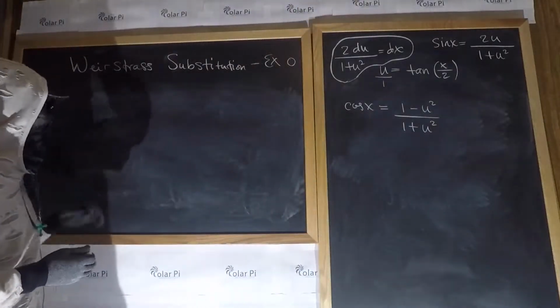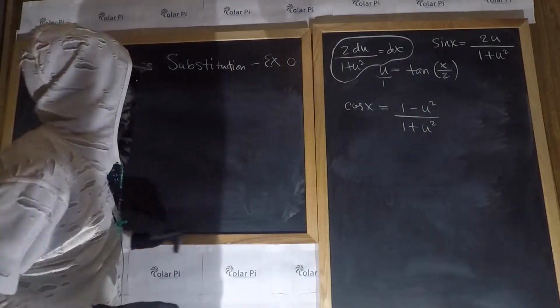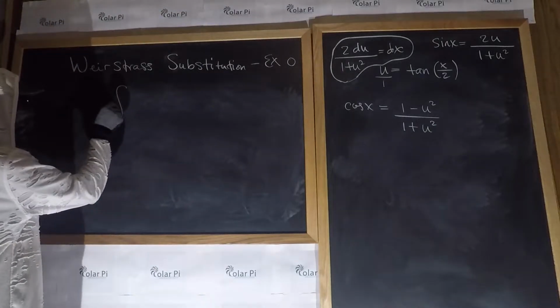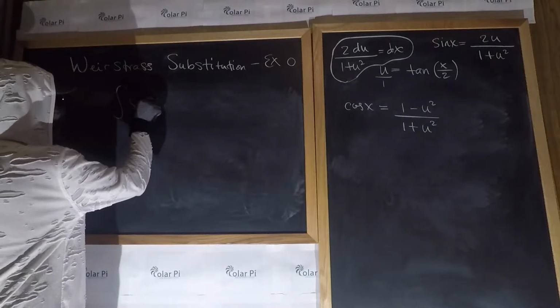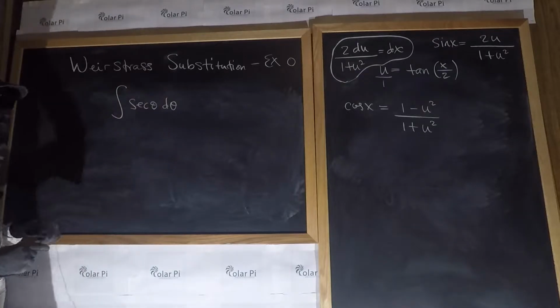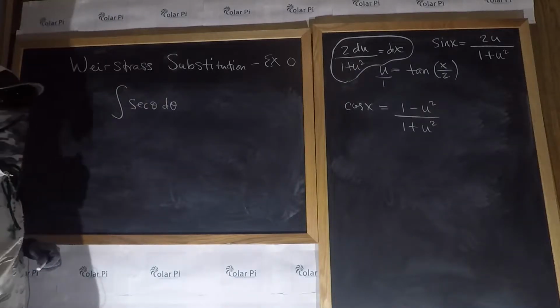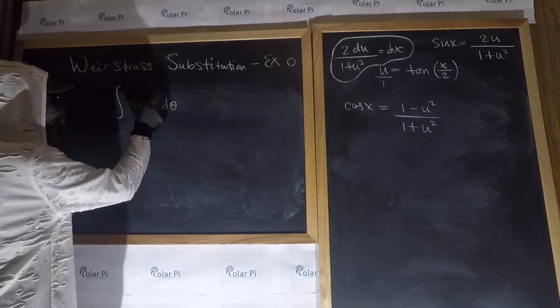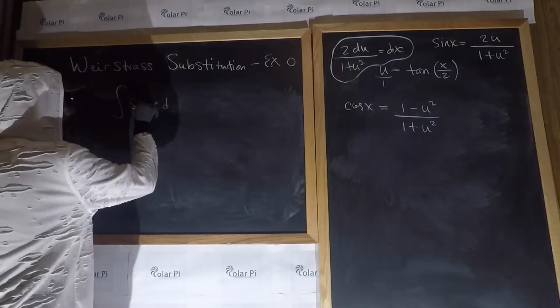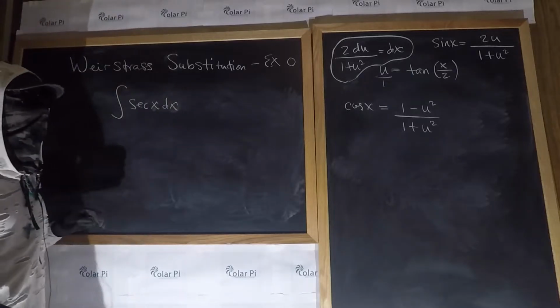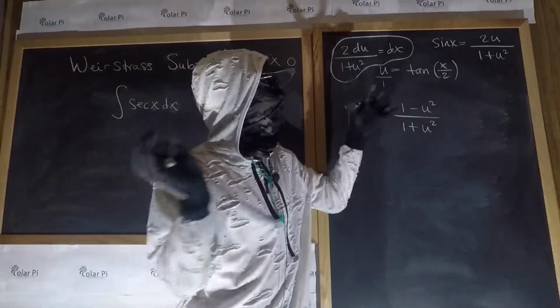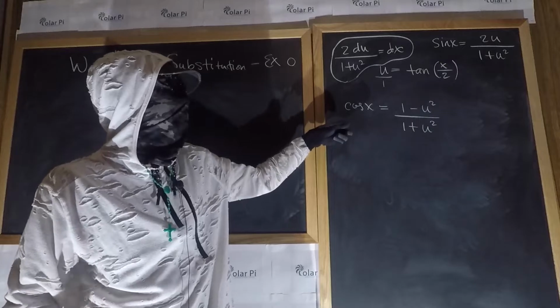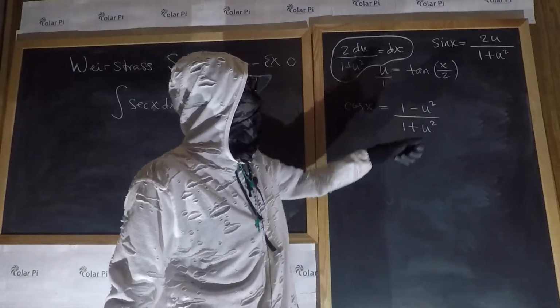So as per promise, let's do the integral that we said we're going to do at the end of this video, which is the integral of sec theta d theta using the Weierstrass substitution. Theta or x doesn't matter, so let's use x here. From the substitutions that we just discussed, we know that secant is the reciprocal of cosine.